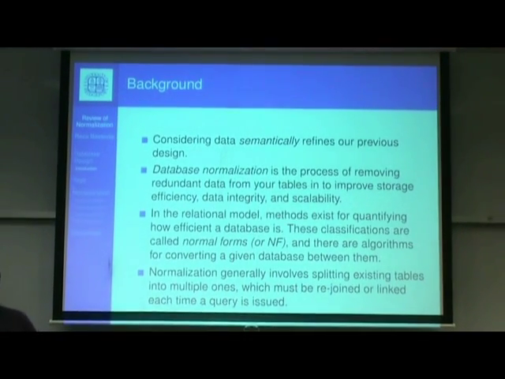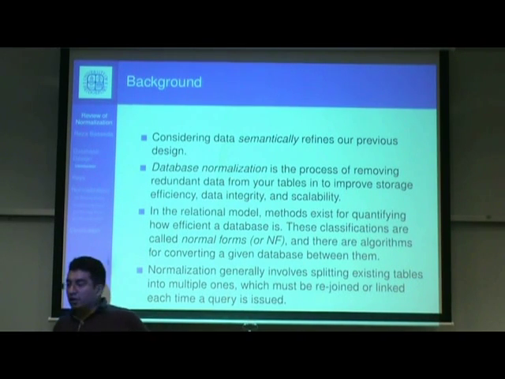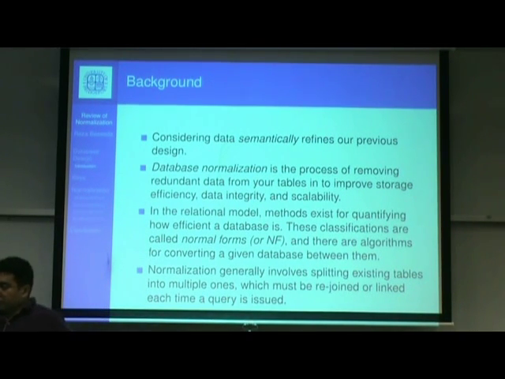So, after deciding about the entities in the ER model, now it's time to consider the semantics of the data and refine our design based on the semantics of our relationships. Basically, database normalization is the process of removing redundant data from the tables to improve storage efficiency, data integrity, and scalability.